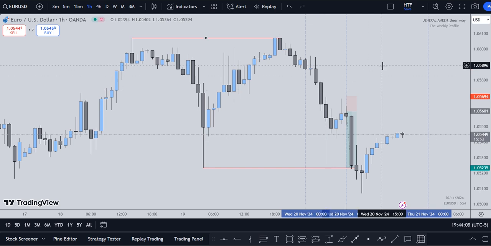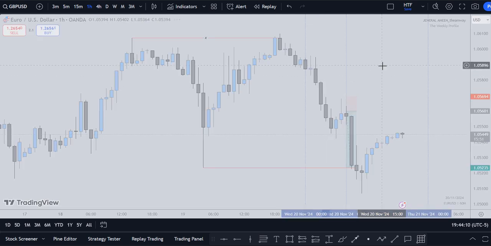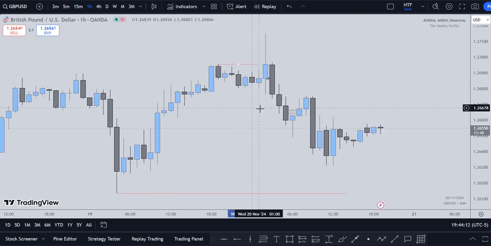The same way, I was also monitoring the GBP USD, right? After running this, it didn't really leave any FVGs to target during the New York trading session, right?